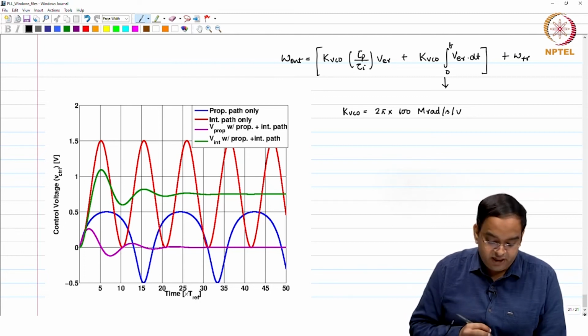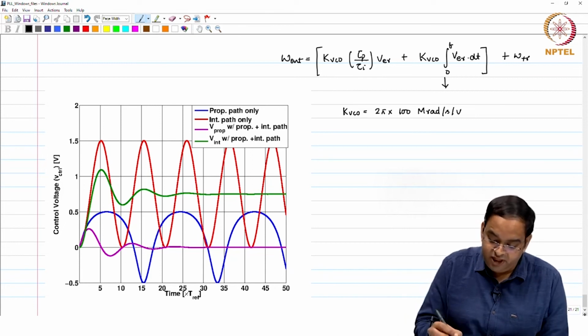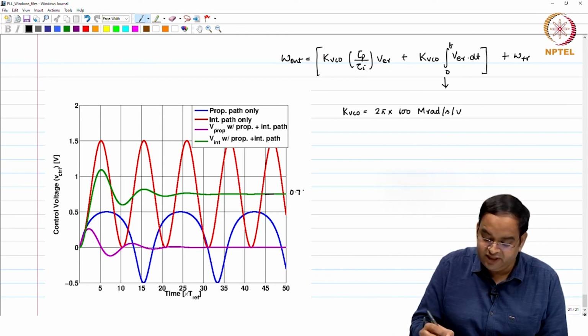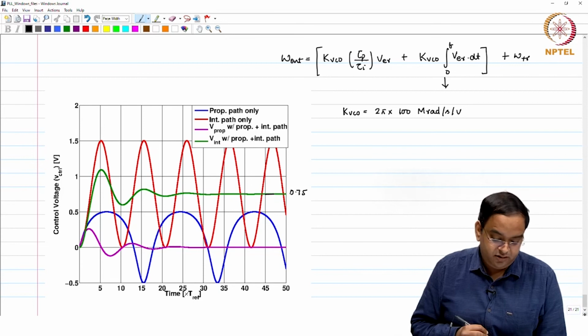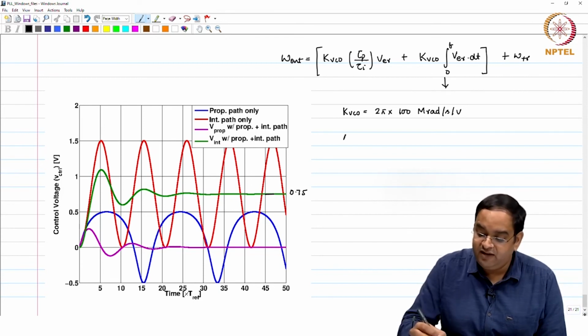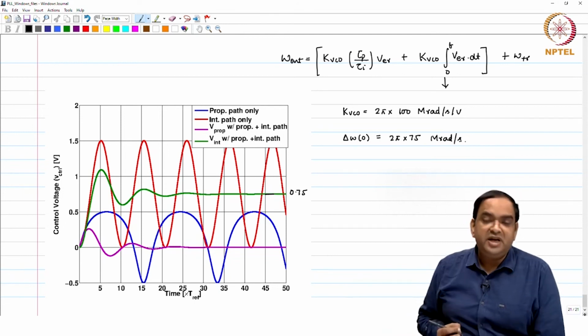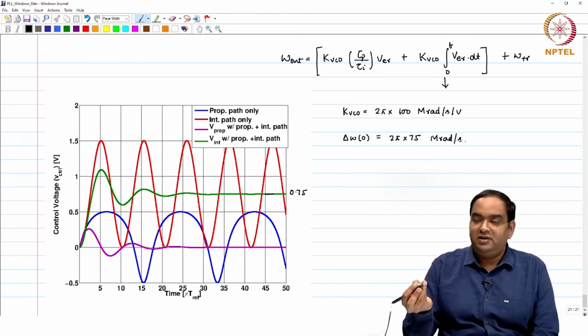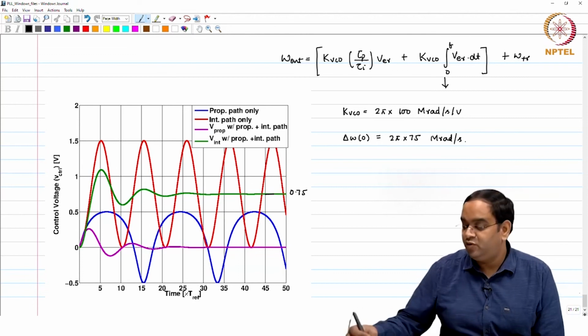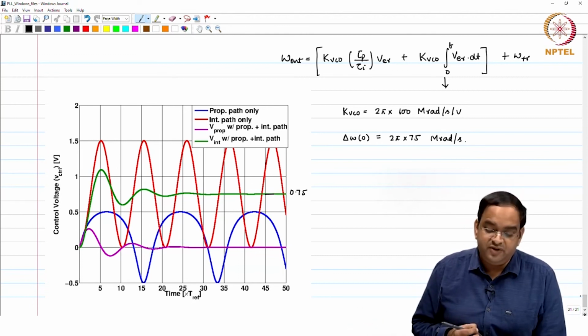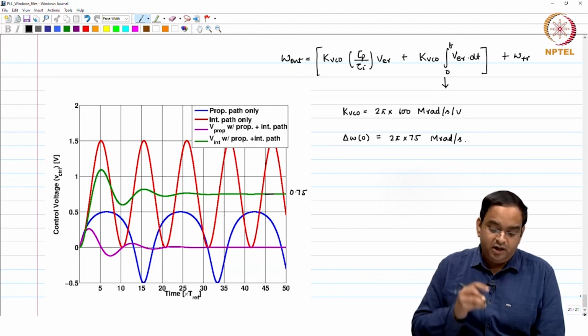You see that the control voltage Vi settles to 0.75. And if it is 0.75, then the initial frequency error I am having is 2 pi times 75 mega radians per second. So, this was my initial frequency error, which is actually greater than the 2 pi times 50 mega radians per second which we saw earlier, where the PLL did not lock.